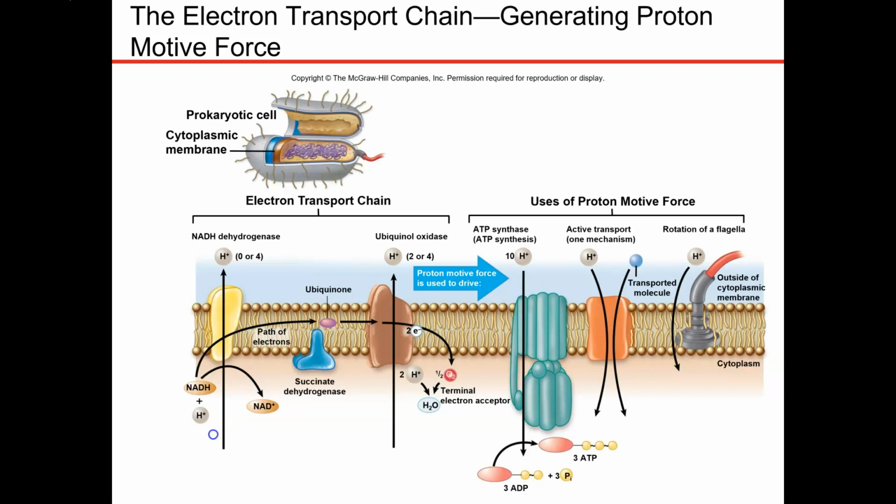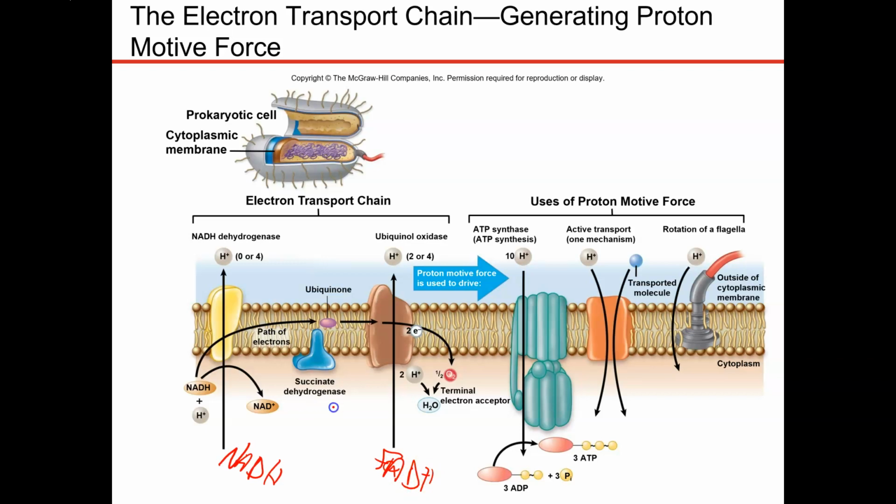So here is the prokaryotic electron transport chain. So here again, we have where NADH is going to move and FADH.